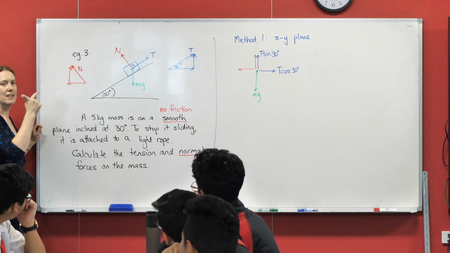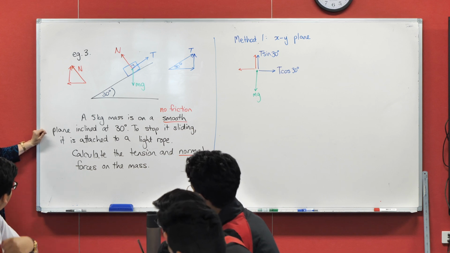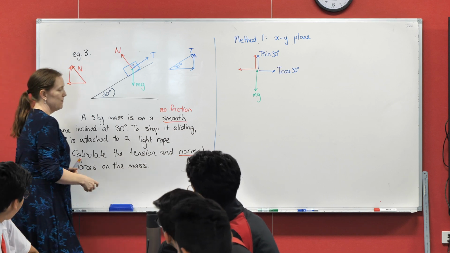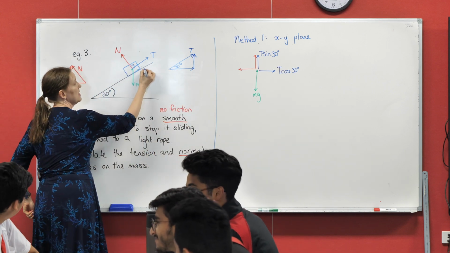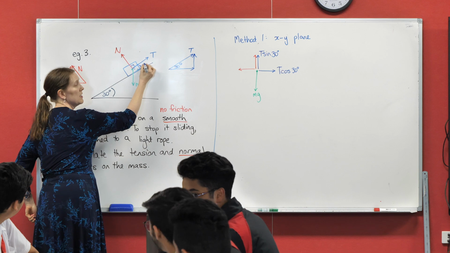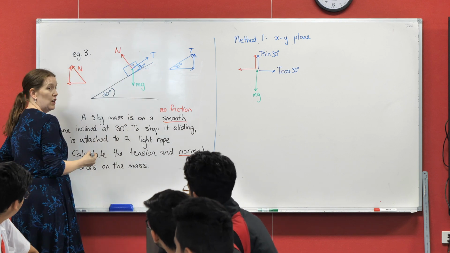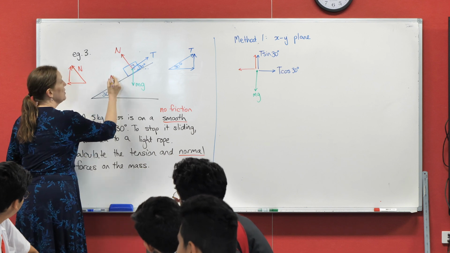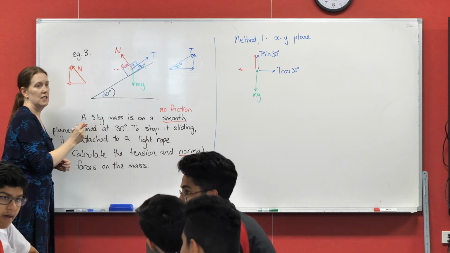But this is not 30 degrees. So let's have a look. This angle here is 30 degrees. Do you agree? This is what? 90 degrees. So this one is 60 degrees.